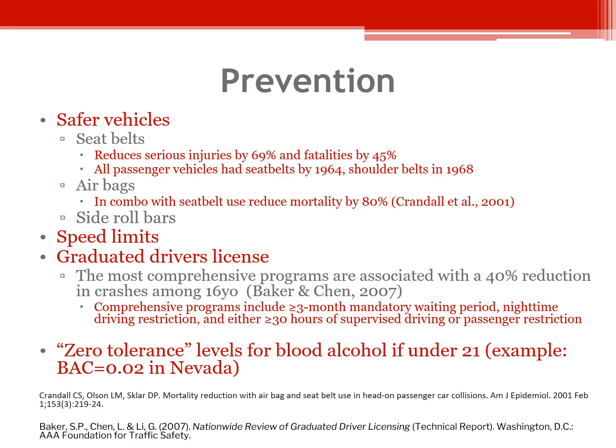And you have to have at least 30 hours of supervised driving, or there's a passenger restriction, meaning there are only so many people under the age of 18 that can be in the vehicle at the same time. All of these elements of a comprehensive program have helped make a pretty serious reduction in crashes among our youngest, most inexperienced drivers.